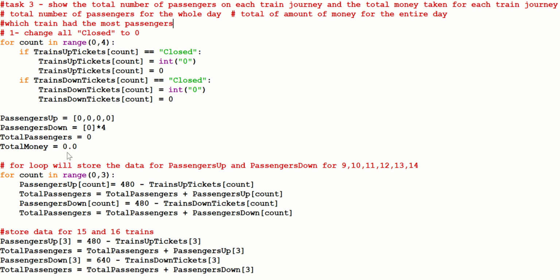Because this is 640, we couldn't put this in the loop because it is a different number. Else it would have been 480, which would give the incorrect amount of passengers down for the last position in the array. And then we add the passengers down to the total passengers.